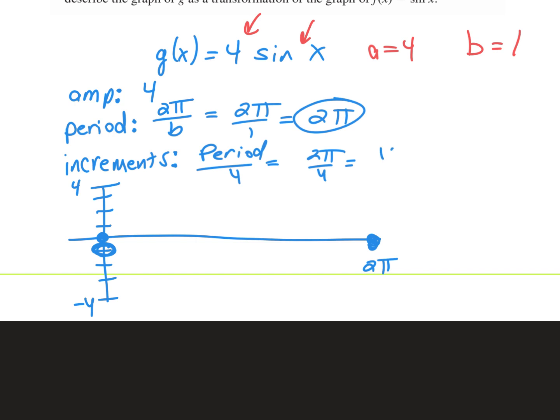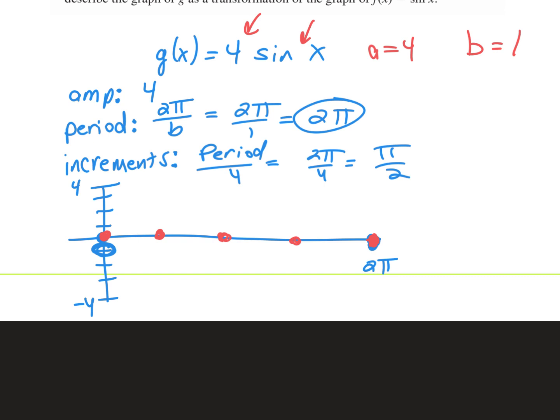Half, so pi over 2. So in between each tick mark is pi over 2 units. So I start here at 0, right? I'm at 0. I have 1, 2, 3, 4, and here's 5, right? 5 key points. You always have your starting and ending, then you find the ones in the middle.